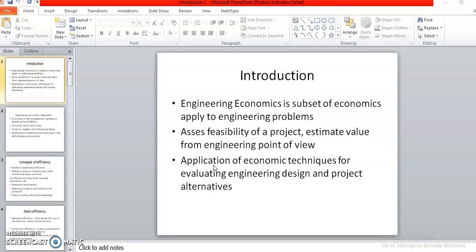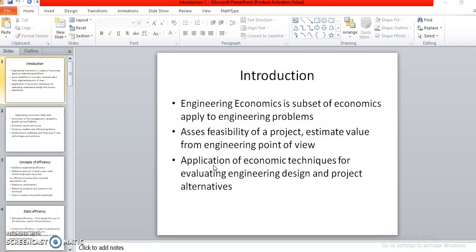try to assess the feasibility of that particular project, and also we can estimate the value of that project. We can think of another project, or give an alternative to that particular project, or think in a different way about how we can reduce the cost of that project.